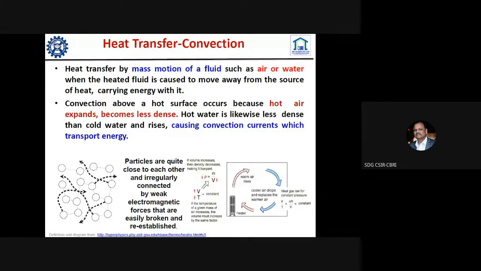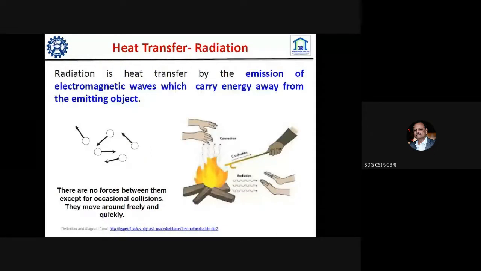With this we can find out the heat transfer through convection. The other phenomenon is radiation, which is heat transfer by the emission of electromagnetic waves which carry energy away from the emitting objects. Wherever there is a fire, we feel heat transferring from that location to us.